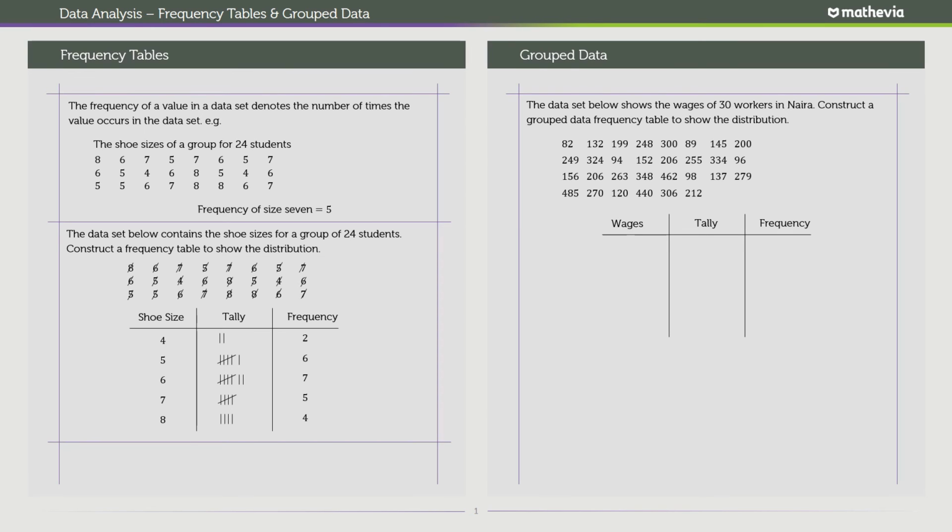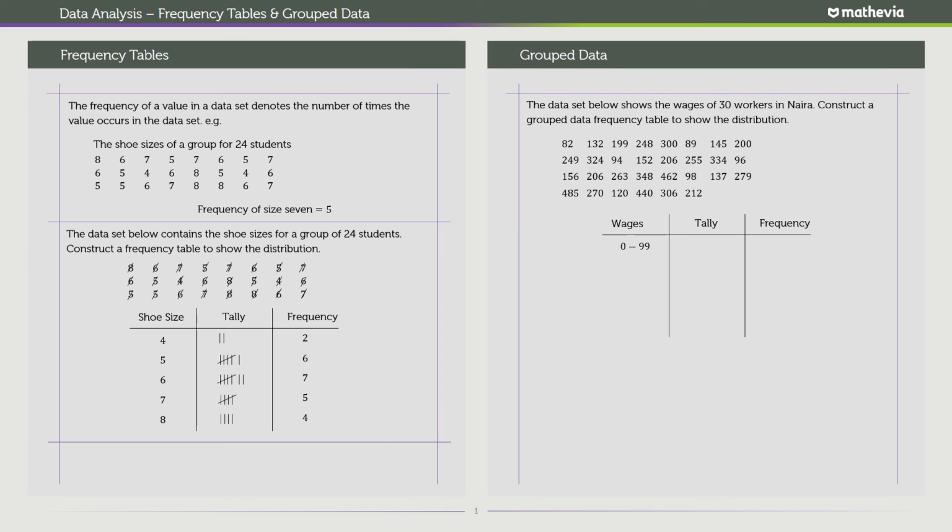So we have this regular frequency table, but under wages, we don't have individual values, as we did in the last example. What we have here is groups. We're going to put all of this data in a smaller set for our table.